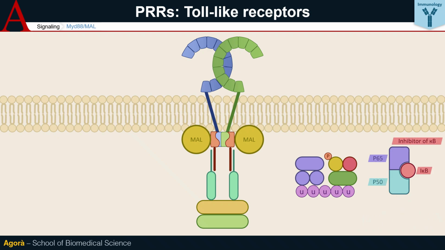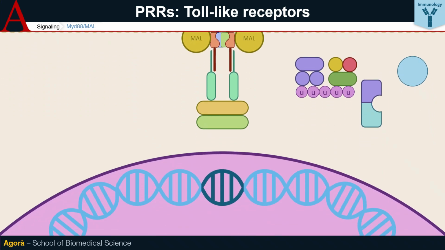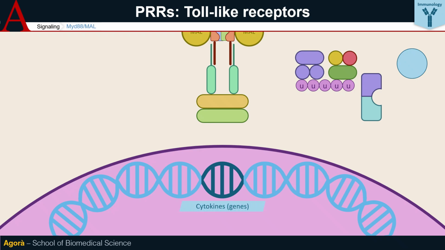NF-κB comprises two subunits, p50 and p65, which upon release from IκB can translocate into the nucleus and initiate the transcription of various pro-inflammatory cytokines such as interleukin-1 beta, interleukin-6, and TNF-alpha. Hence, this pathway plays a crucial role in activating the immune response in innate immunity cells.